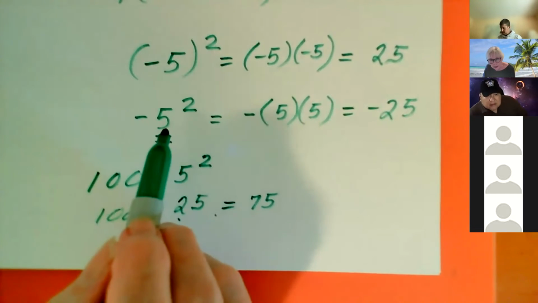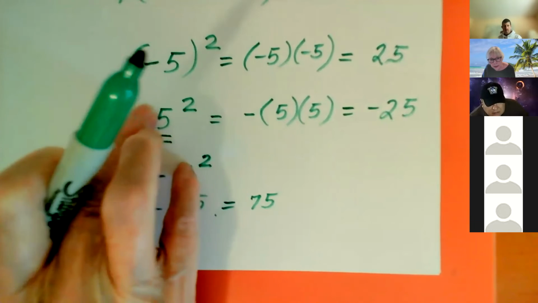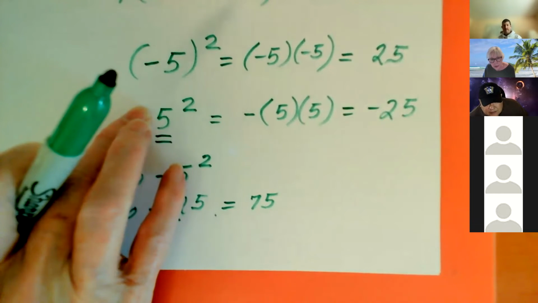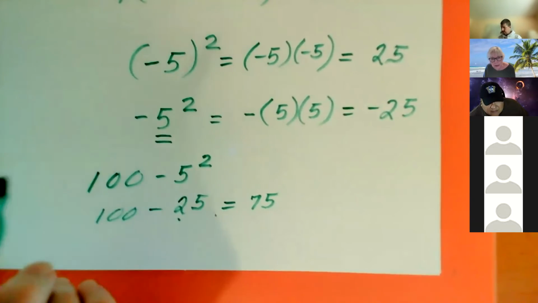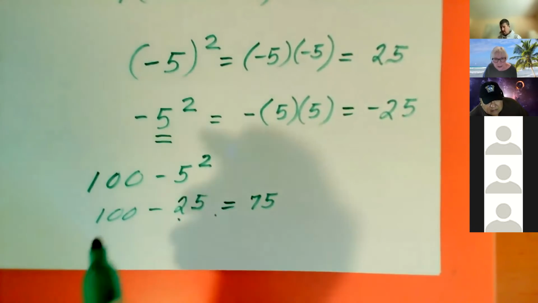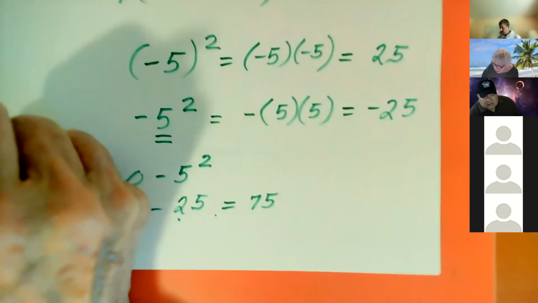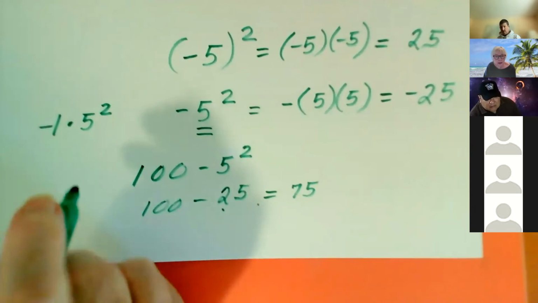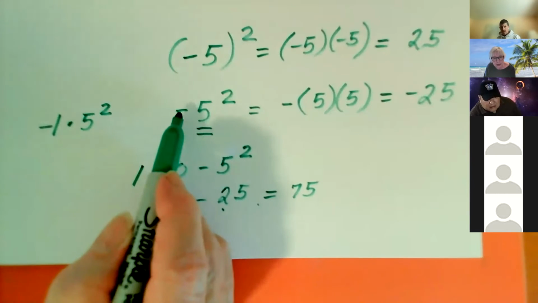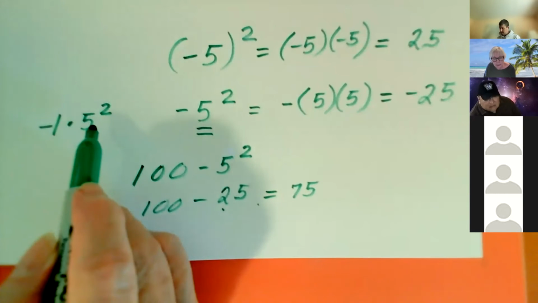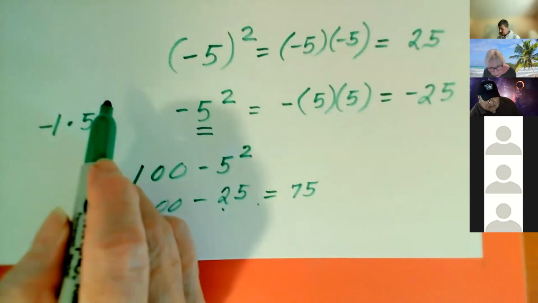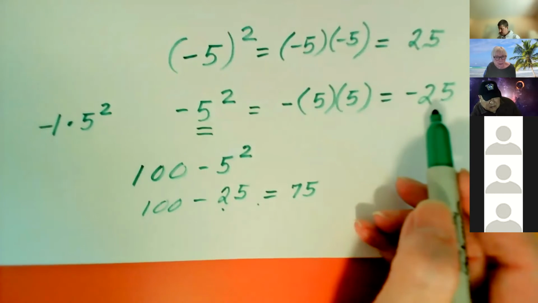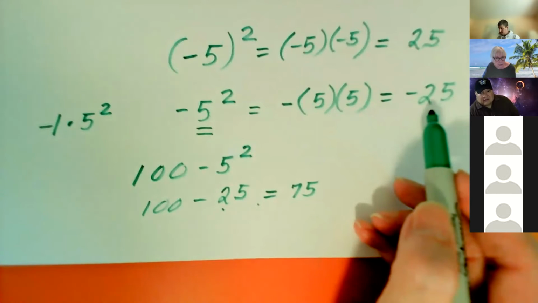Without the parentheses, the only thing that's squared is the base number. And so the minus is not glued to the 5. It's not glued to it at all. In fact, some students think of the minus like a -1 multiplied. And then you would know what to do. You would do your exponent first, which is 25. You would then multiply it by -1, which would end up negative 25.